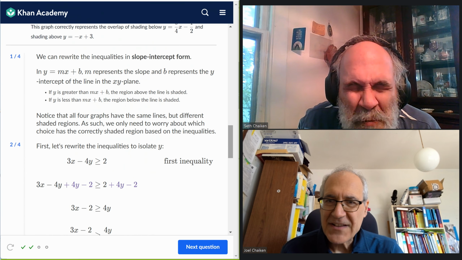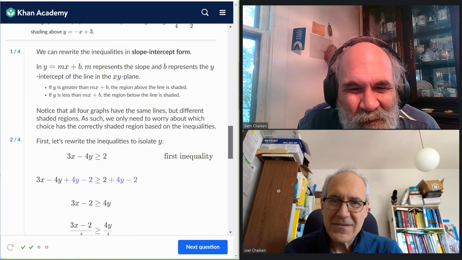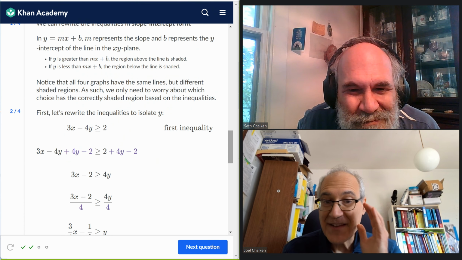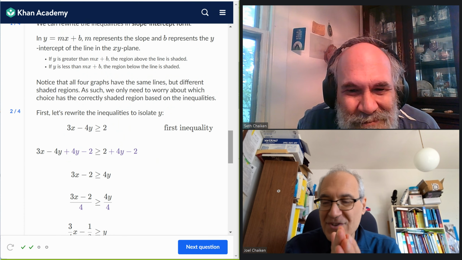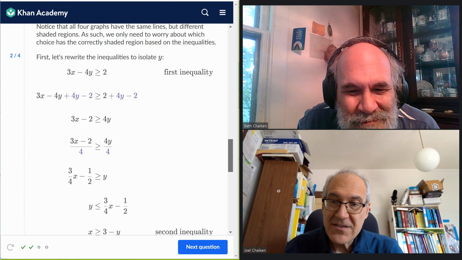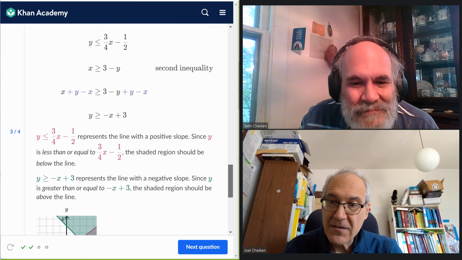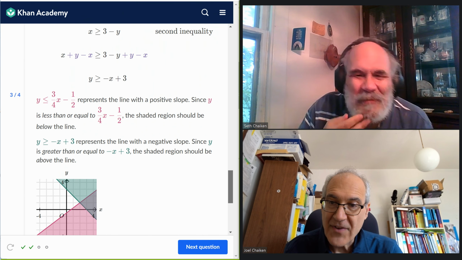Slope intercept form. Well, that's what I did. That's the plain vanilla approach where you don't have to really think, well, is there a clever way to do this? You just do it. And you just do this, right? And then you just keep going, right?